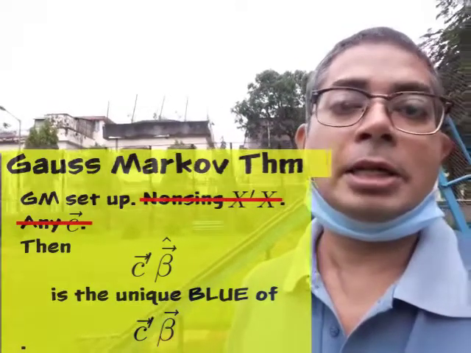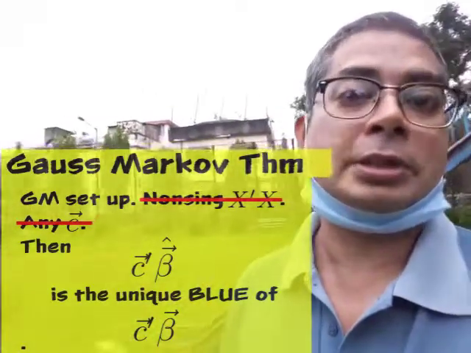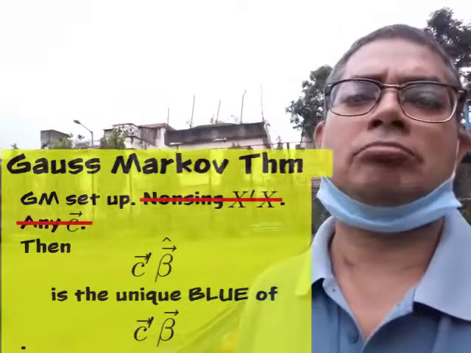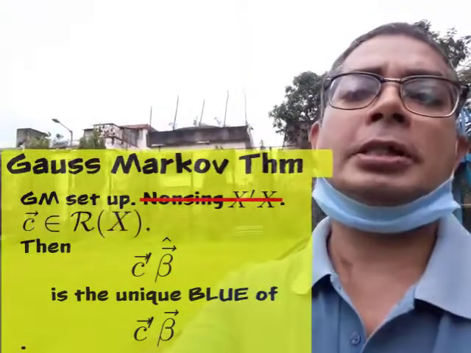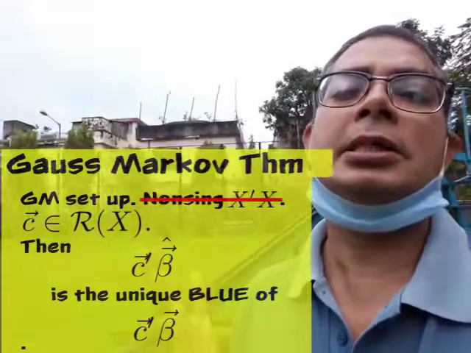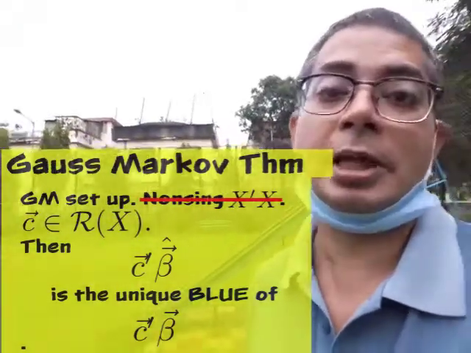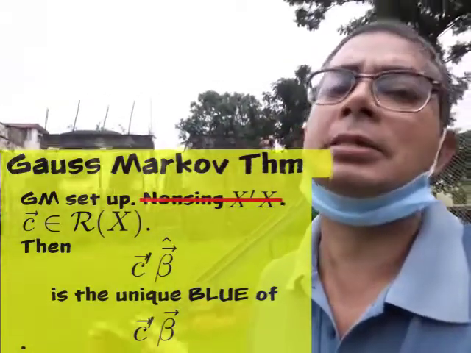Now, that immediately raises the question: what kind of restriction should we put on c? We discussed that, and we found that the very basic minimal restriction is that c must belong to the row space of X, because if that is not the case, it is not even a meaningful problem to try to estimate c'beta.